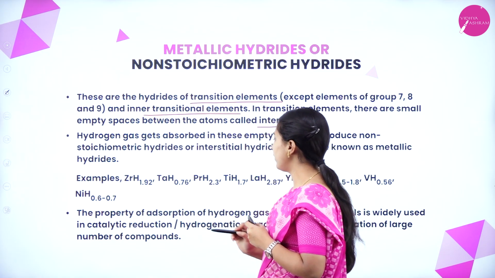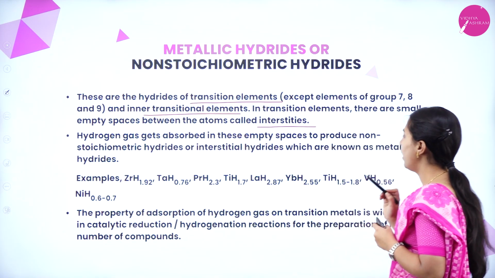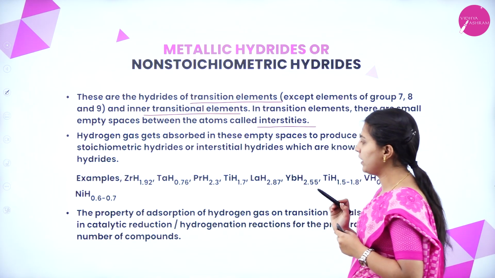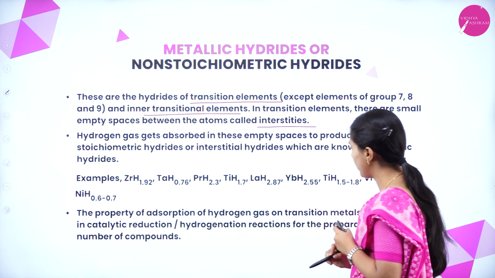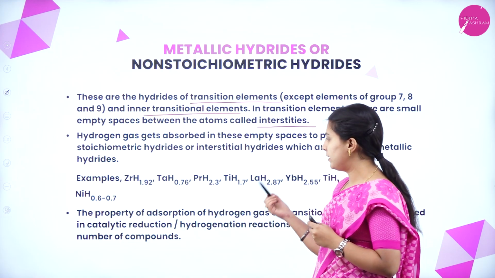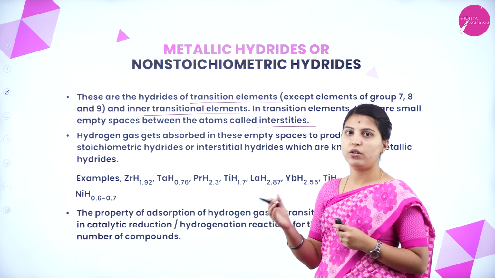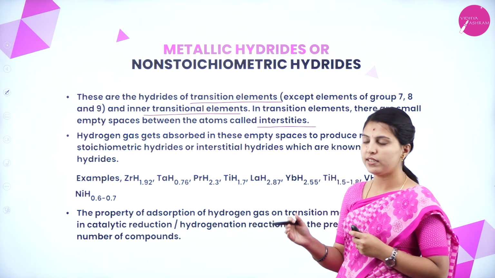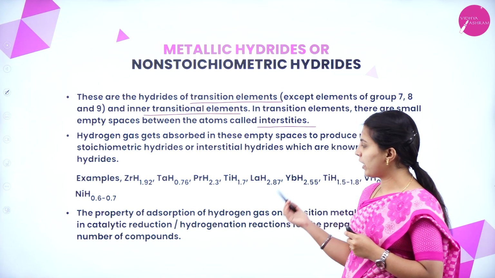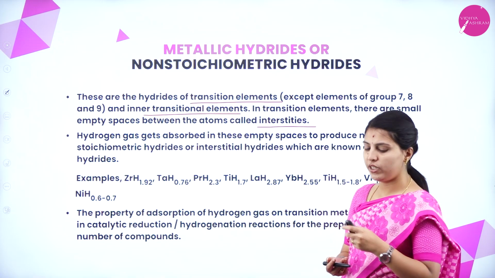The property of adsorption of hydrogen gas on transition metals is widely used in catalytic reduction or hydrogenation reactions for the preparation of a large number of compounds. This absorption or adsorption on the transition metals is a major application called catalytic reduction or hydrogenation.